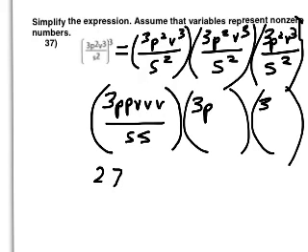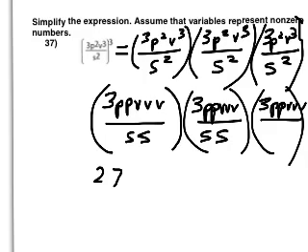I could do this, and it doesn't take that long to break it all down. I could just add them up. So 3 times 3 times 3 is 27. 1, 2, 3, 4, 5, 6 p's.